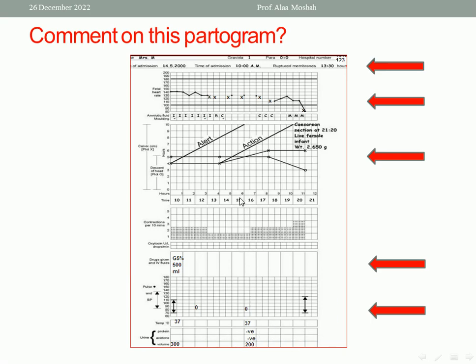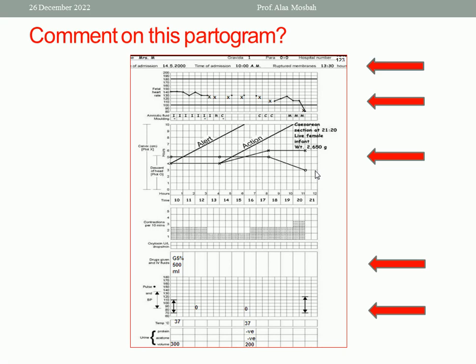What is the end result of this follow-up of labor and partogram? The woman delivered by cesarean section. You should write it on the partogram like this one. So when I ask you what is the mode of delivery, you will say cesarean section at 21:20 resulted in a living female infant weighing 2,650 gram.